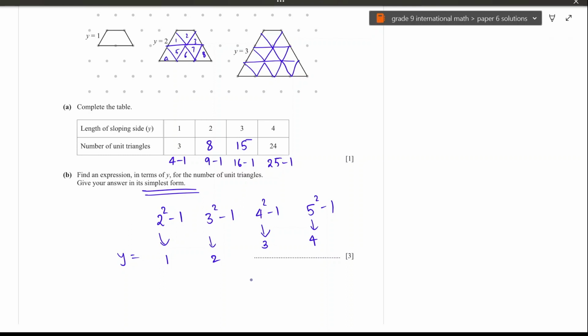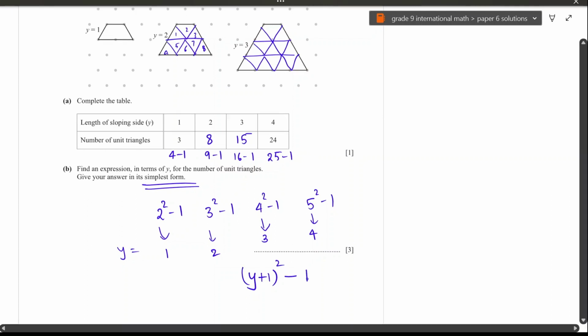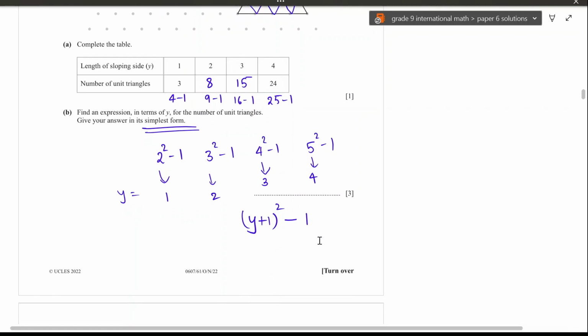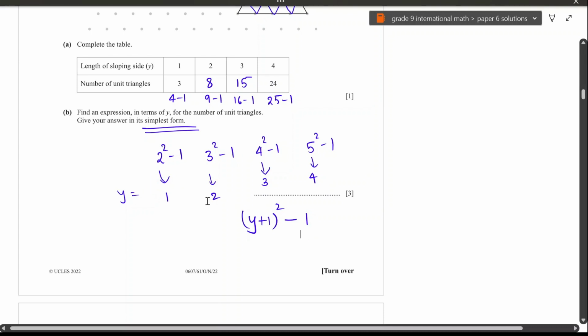If I have to write a relation, it can be (y plus 1) the whole squared minus 1. This is very logical. If you observe it carefully, you can get it. You can pause the video and try to understand this.